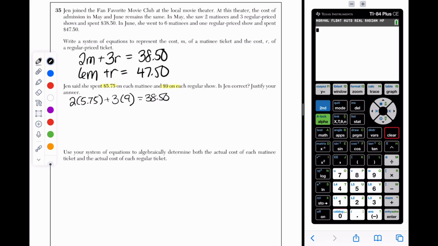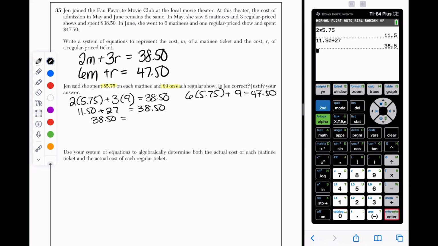Let's see if this is true. And is 6 times 5.75 plus $9 equal to $47.50? You can use your calculator for this. Again, you're probably going to be tired, so it makes sense not to make a silly mistake here. So $11.50 plus $27 is $38.50. Is that true? Yes, so this is true.